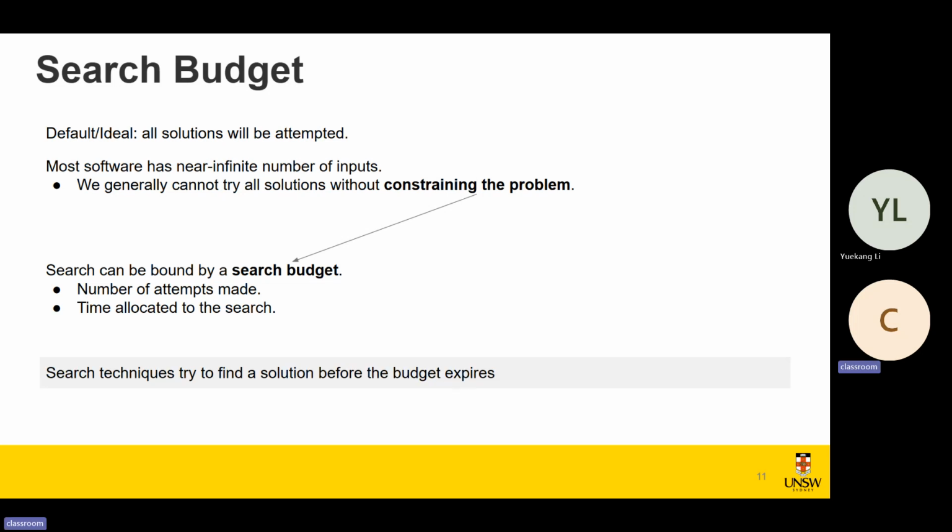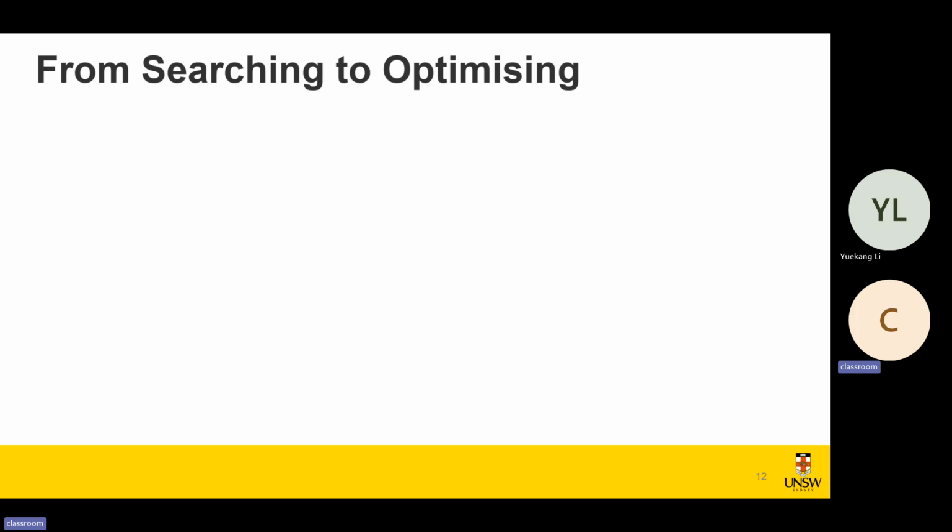So basically the idea of the algorithm we are going to learn is to try to find a suitable solution before the budget expires. So in this way, we can actually further convert the problem here. So we know that sometimes true and false goals could be hard to solve under a budget.